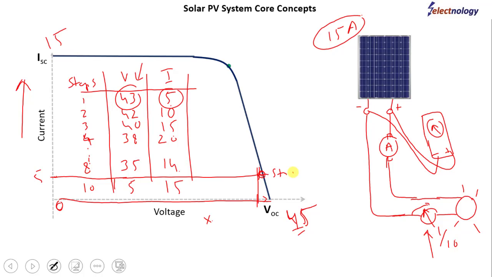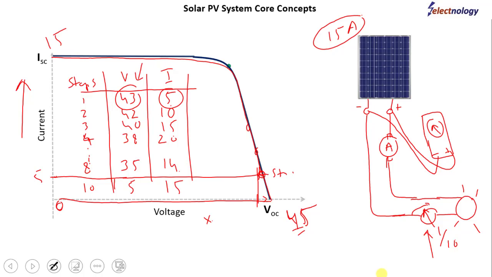So the graph will look like this one, meaning that the relationship between the voltage and current is represented through this graph. In other words, if you want to know that if there is a voltage across the PV module, how much current it will be supplying, this can be found out from this graph.